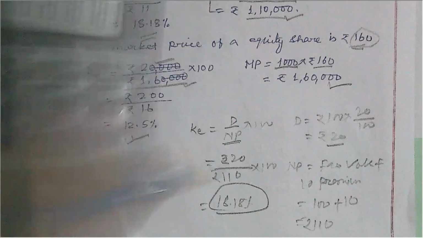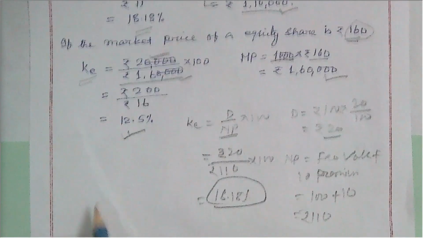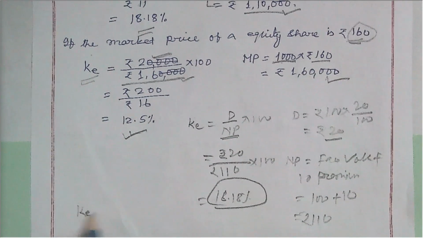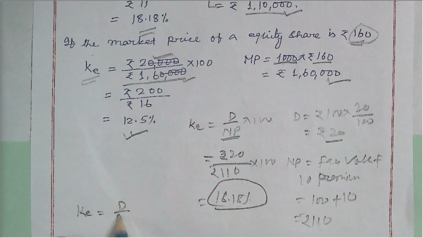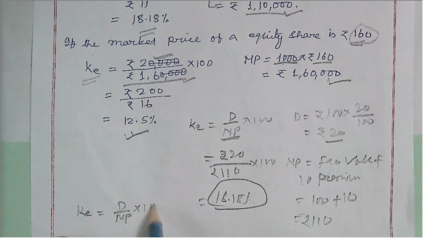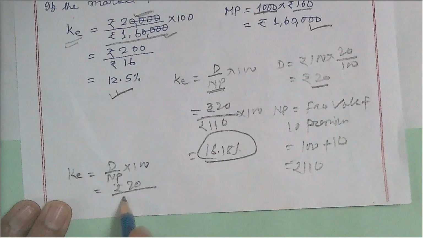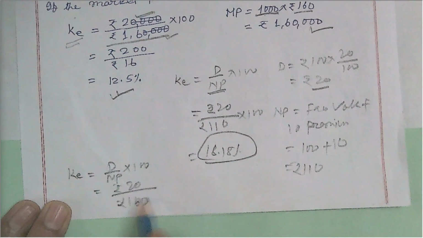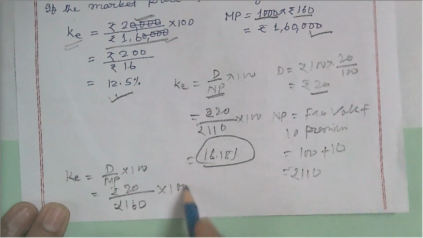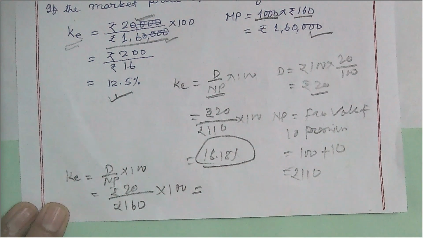If you take the market value, then K is based on market value. So KE equals D by MP, market price, into 100. The dividend on one share remains the same, 20, and the market price of one share given in the question is 160, multiplied by 100. So you will get 12.5%.